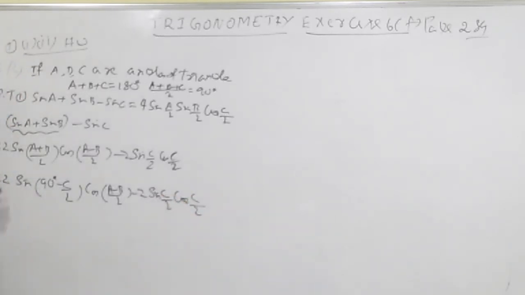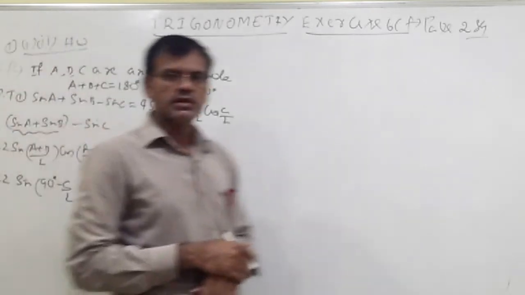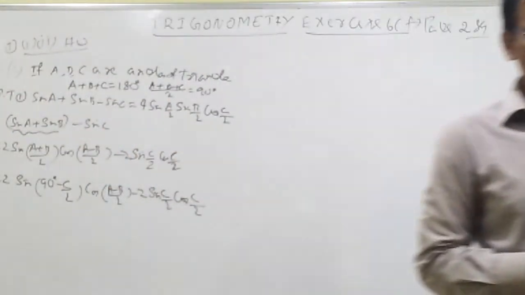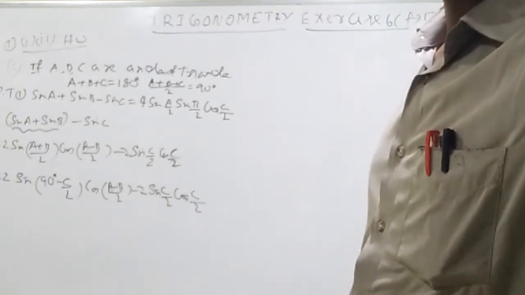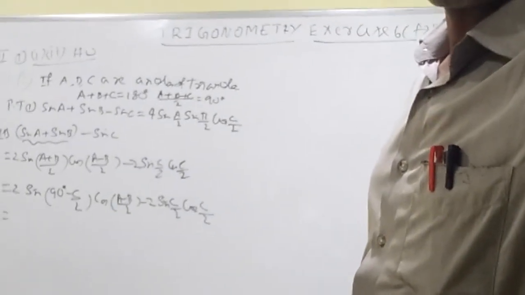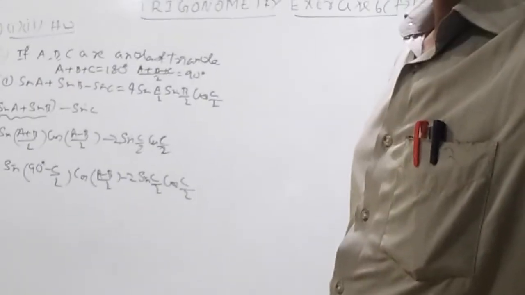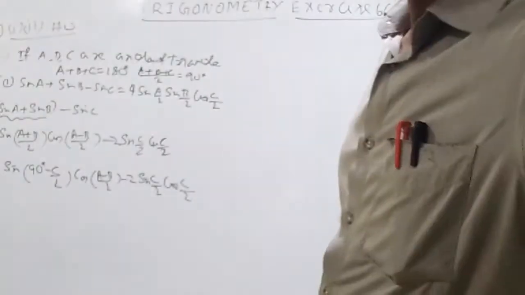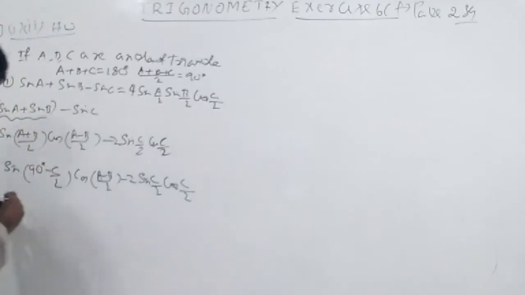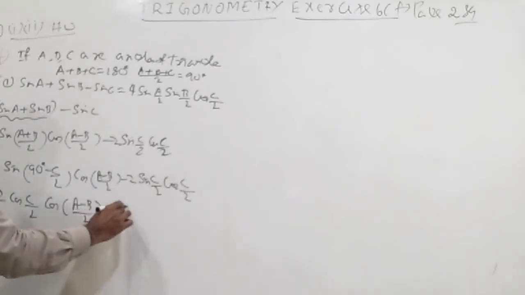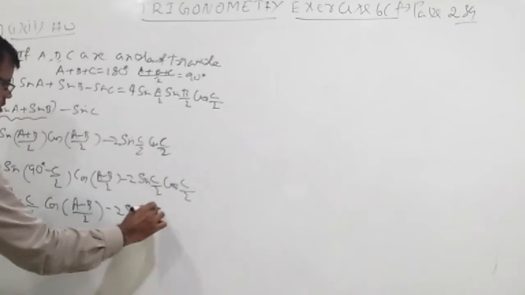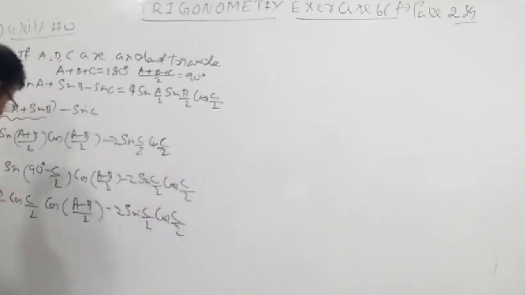We know that sin of 90 minus theta gives cos theta. So 2 sin (90 minus C by 2) becomes 2 cos C by 2, into cos of (A minus B) by 2, minus 2 sin C by 2 into cos C by 2.